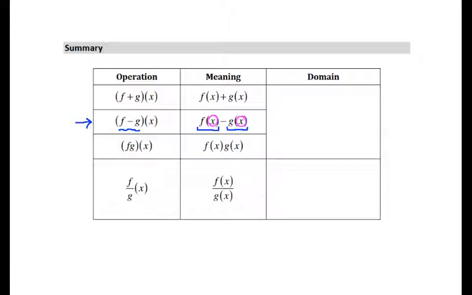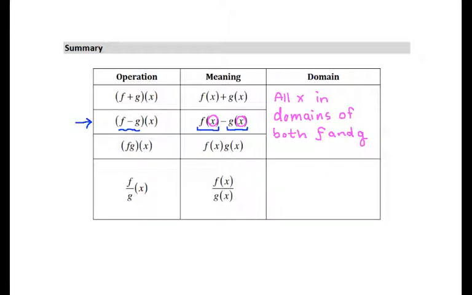The domain for all three, addition, subtraction, and multiplication, is going to be all x that are in the domains of both f and g. And this makes sense because you can't really add f of x to g of x unless you have a value for f of x and you have a value for g of x.